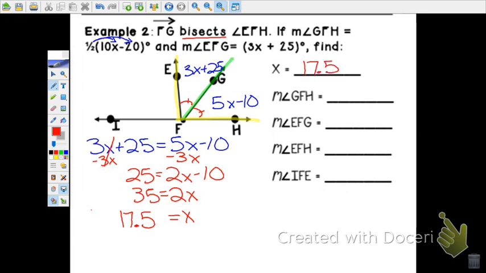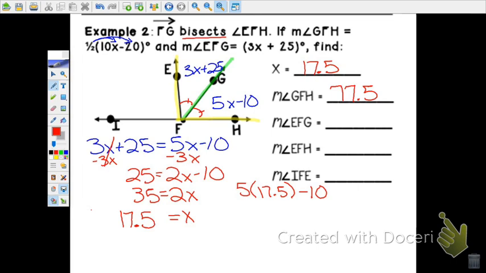Next, they want me to find the measure of angle GFH, which is my 5x minus 10. So 5 times 17.5 minus 10. I'm going to work out, which gives me 77.5.